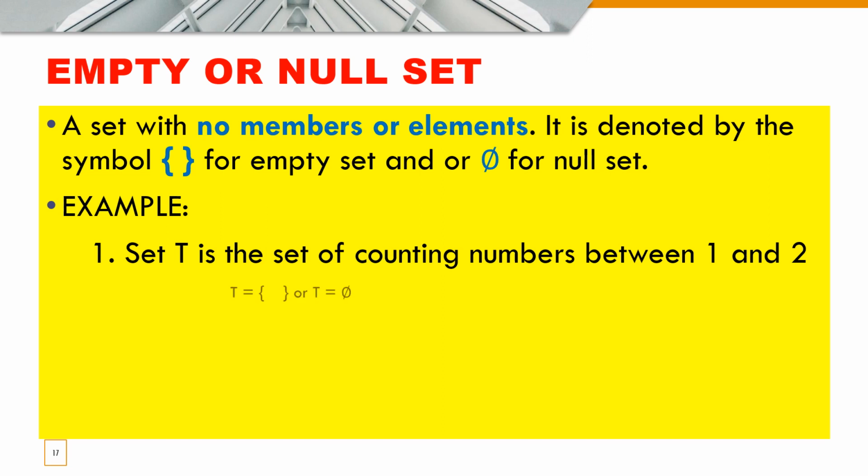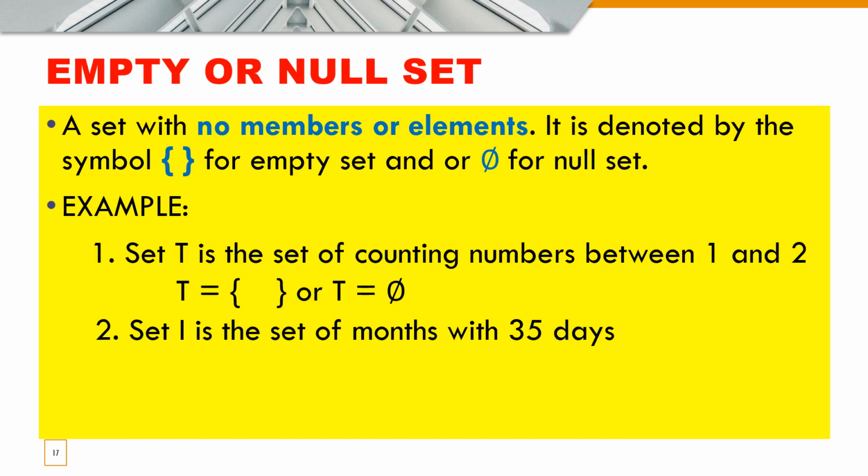So therefore, this is an empty or null set. Let's have another one. Set I is the set of months with 35 days. May month ba na 35 yung araw? Wala. Kaya, this is an example also of an empty or a null set.